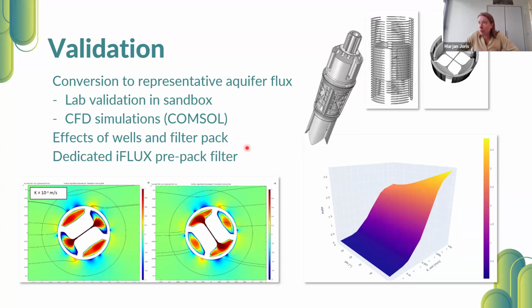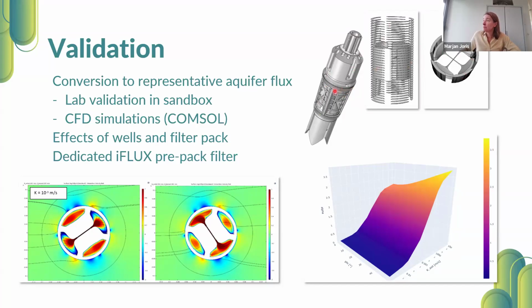The digital sensor we do measure continuously, and this sensor is a more accurate measurement than the iFlux sampler, and therefore we have chosen to only install them in a pre-pack filter that you can see over here.